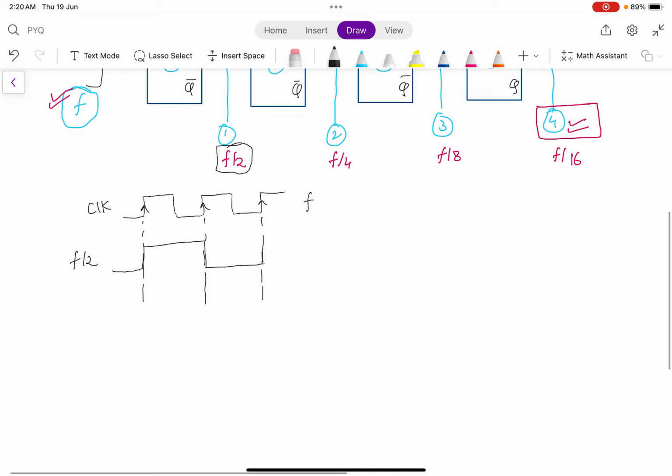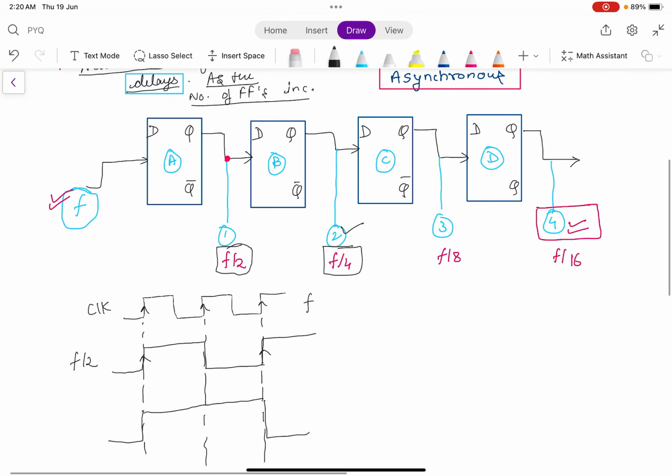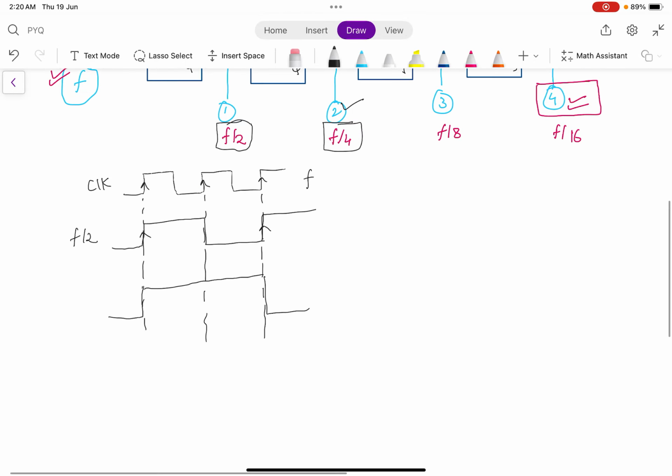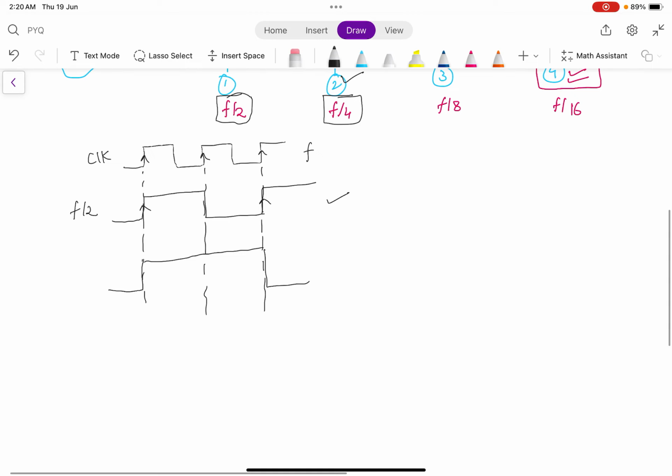Now this becomes the clock for another flip-flop, and now again further if we draw the output of another flip-flop, you will get it like this, because for flip-flop B this point is acting like a clock.